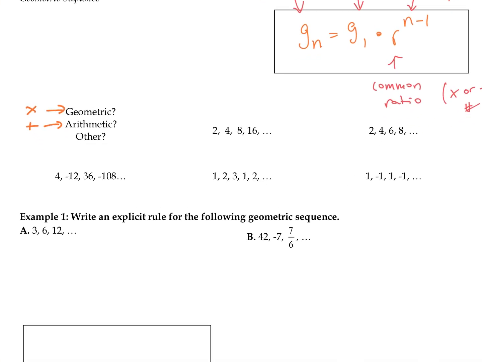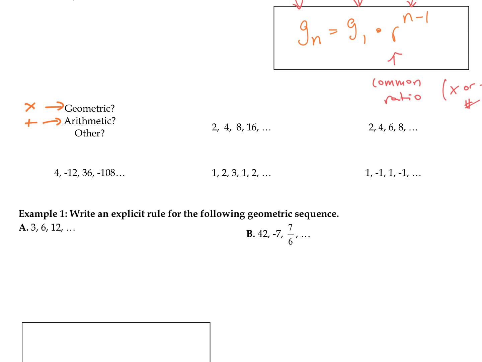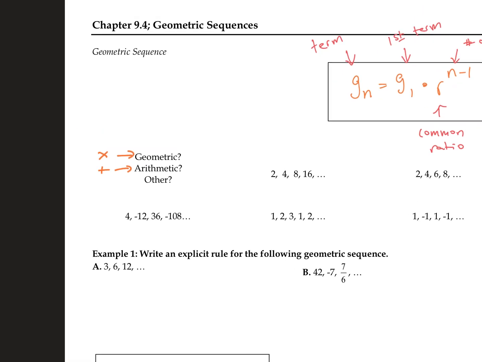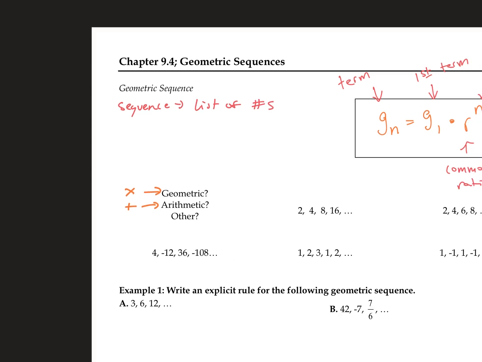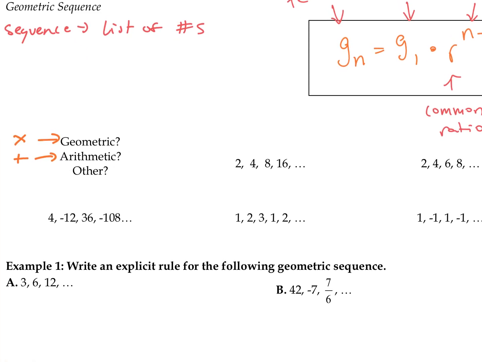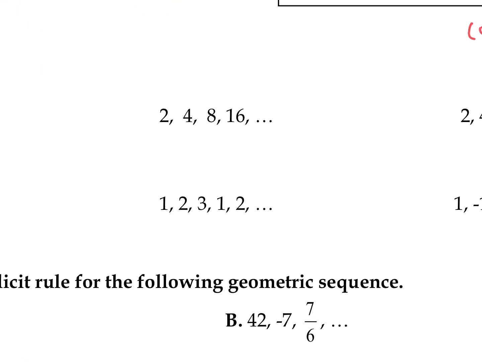So let's take a look at these little sequences. Plain and simple, a sequence is just a list of numbers. So to see if these are geometric, arithmetic, or neither, we got to look at these.